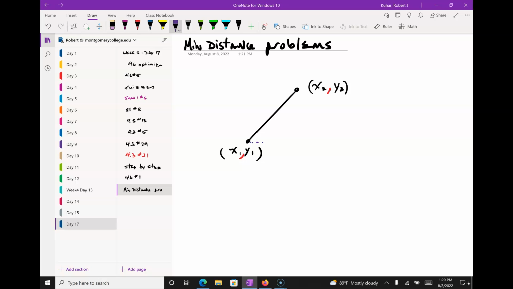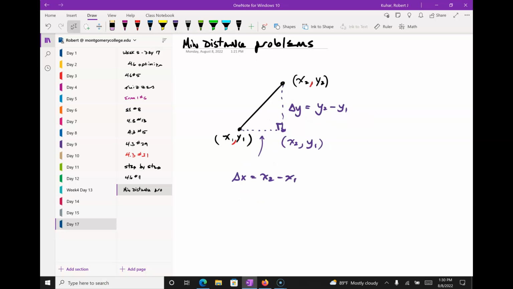But if I draw over and down to a right angle, the coordinates of this last point are x2, y1. And of course, we get our delta y as y2 minus y1, and our delta x as x2 minus x1, right?